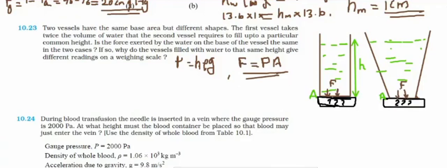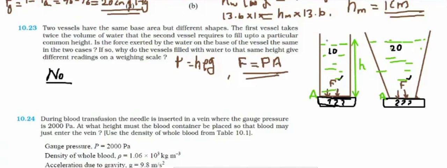We have the same force acting. But if the first one has 10 kilogram of water and the second has 20 kilogram of water, then will you get the same measurement in the weighing machine, as the force is the same on the base area in both cases? The answer is no. The reading of the weighing machine will be different, even though the force on the base area applied by water is the same.